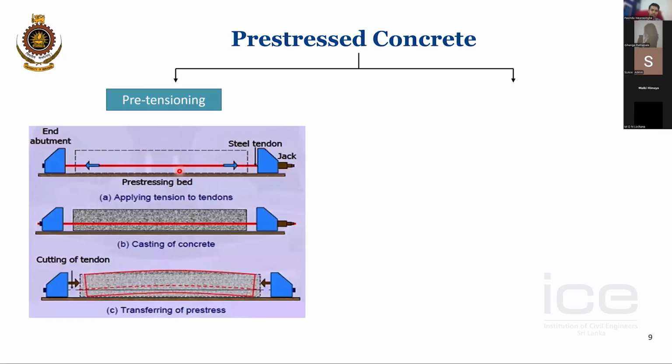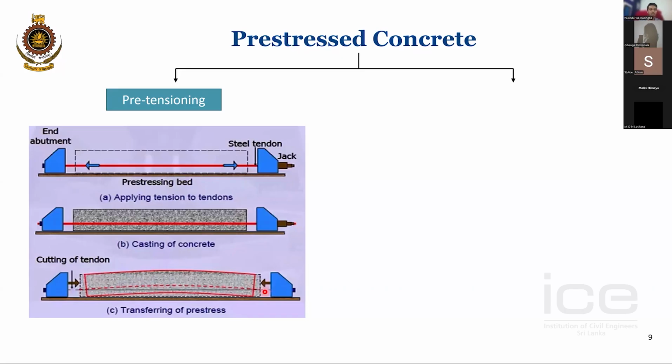So eventually this tendon will be in tension, and then what we can do is pour the concrete while this is in tension. And once the concrete is hardened, you can release the tension by cutting off this tendon.